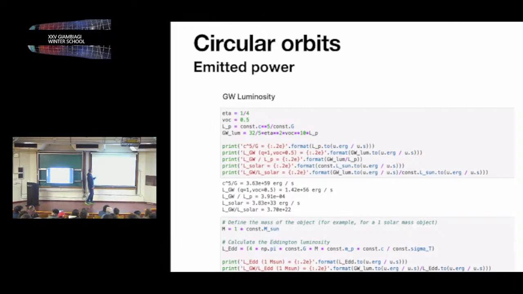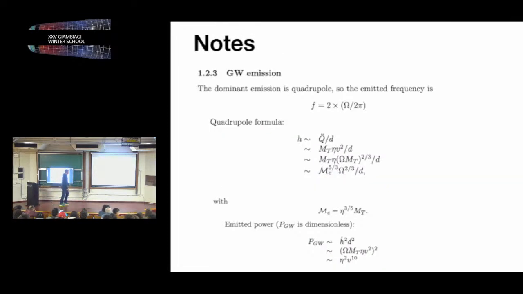Let me say something here before. This is a dimensionless thing, right? It has no mass. The mass is gone. There's only the mass ratio. So when two black holes merge, regardless of their mass, they produce the same luminosity when they are at the same speed. Why is that?